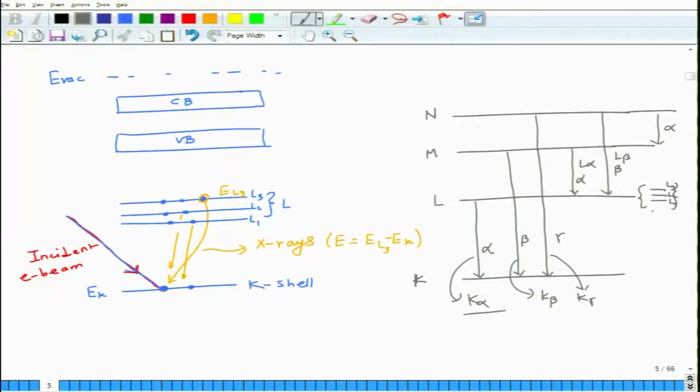So from here you can have the transition from the lowest one will be alpha 1, the next lowest will be alpha 2, and so on and so forth. So you can have these various transitions, alpha 1 and alpha 2.